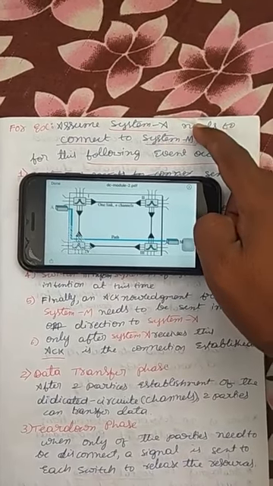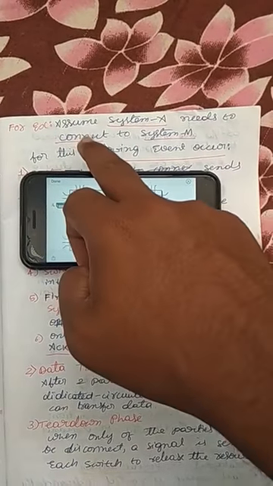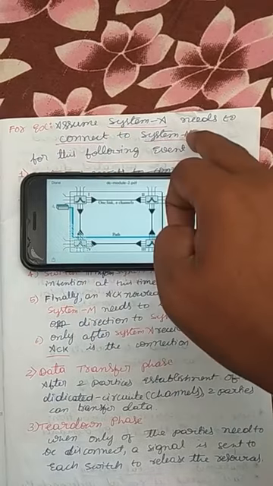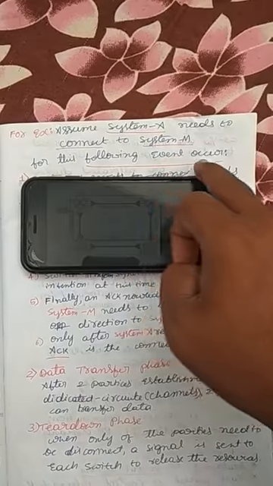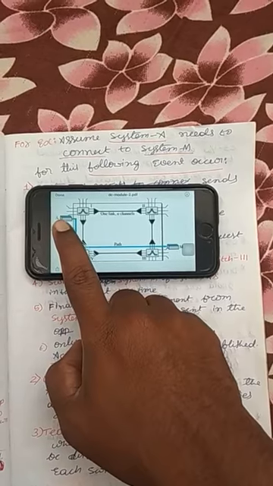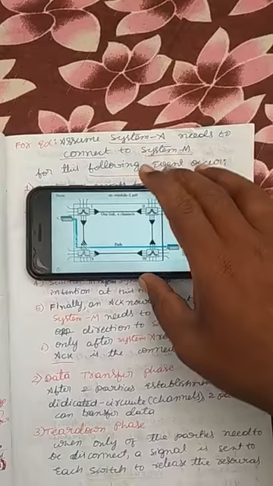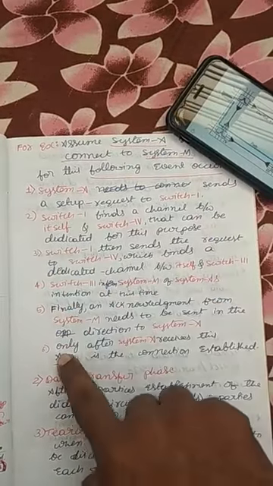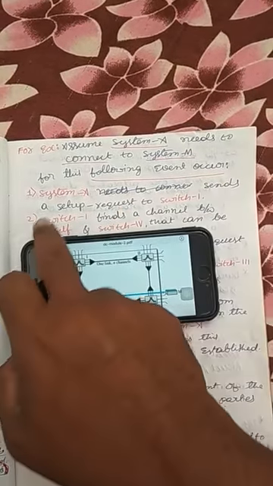For example, assume that system A needs to connect to system M. Then the following six events occur.